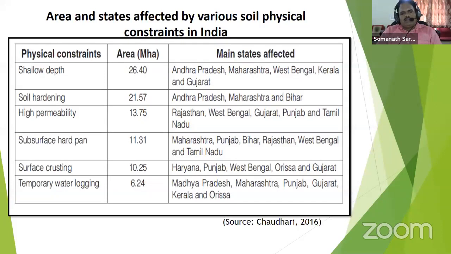Due to the puddling, the subsurface soil horizon or layer becomes harder, and it is known as the hard pan. The area covered is 11.31 million hectare, and these states are mainly affected. And temporary waterlogging covers 6.24 million hectare area, and Madhya Pradesh, Maharashtra, Punjab, Gujarat, Kerala, and Odisha are the states affected by this.